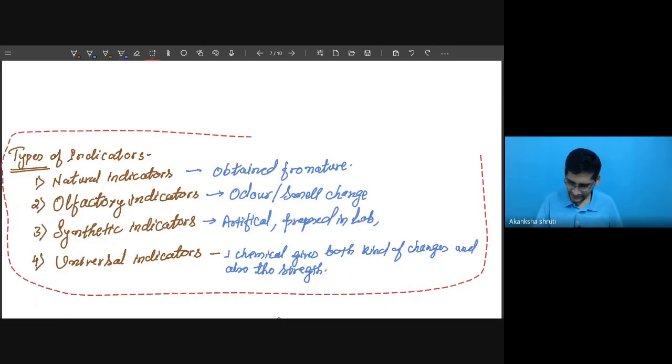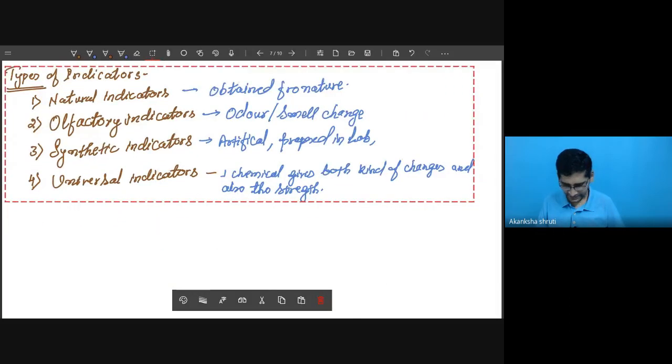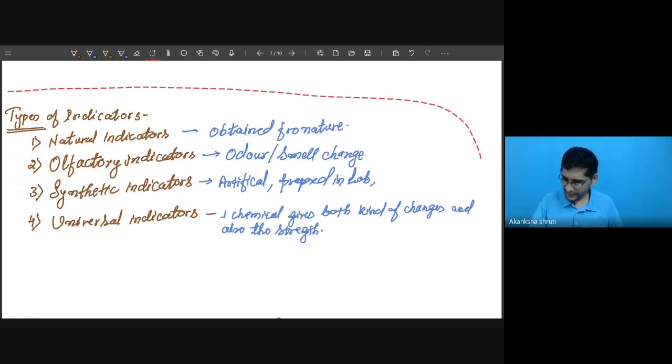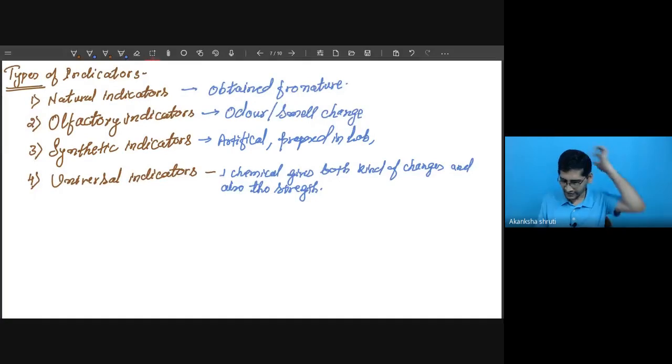So for that, I will make a table, and in the single table, I will explain everything. Okay, students? So please write a table, and in the single table, we will write everything, and you have to keep that table in mind. You must not forget that table. I will write the type of indicator, their example, what is their inherent color, and what will be the color change in acid, and what will be the color change in base.